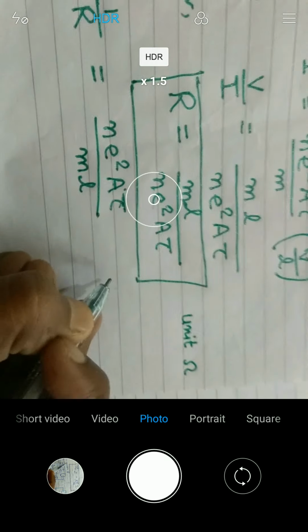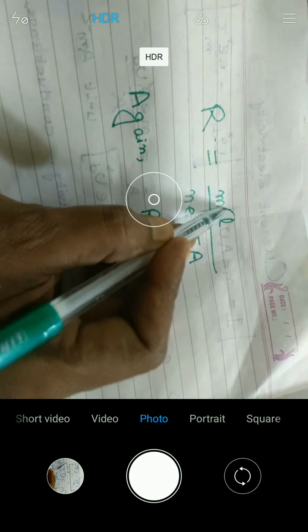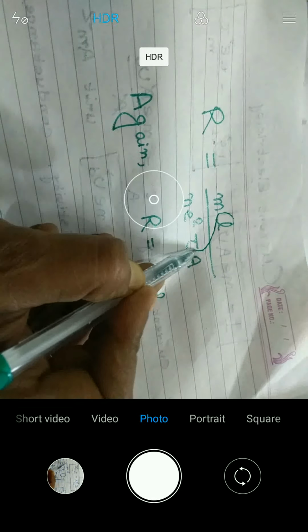You have derived this in standard 10. R equals ρL by A, where ρ is called the specific resistance or resistivity of the wire. So excluding these two terms, L by A, in R equals ρL by A, the remaining term is m divided by Ne²τ.